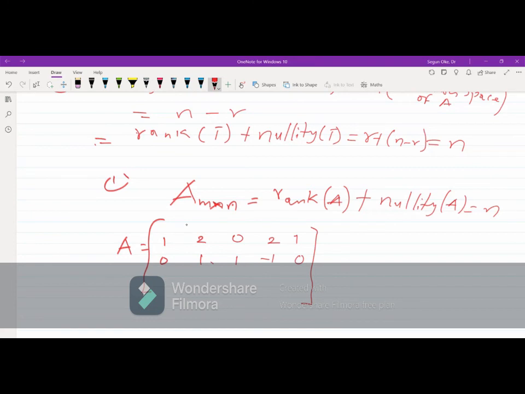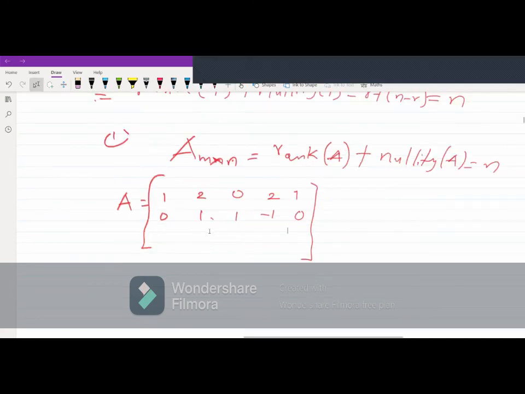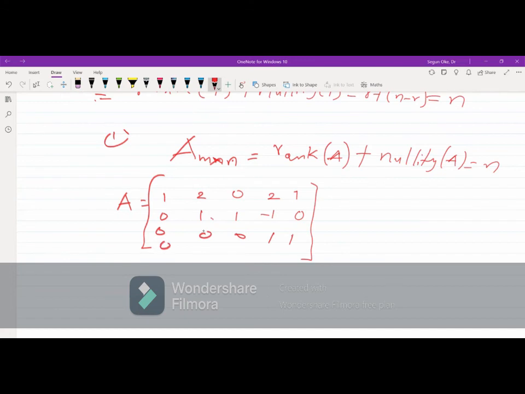Here you have 0, 0, 0, 1, 1. And the last row is 0, 0, 0, 0, 0. So how many columns do we have in this case? 5 columns and 4 rows. So you can see this is 4 rows.